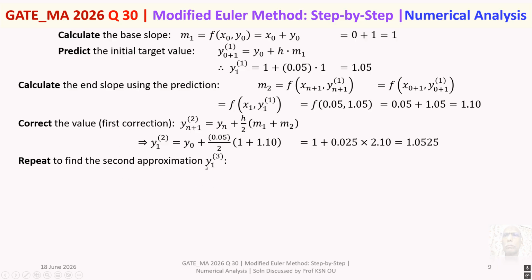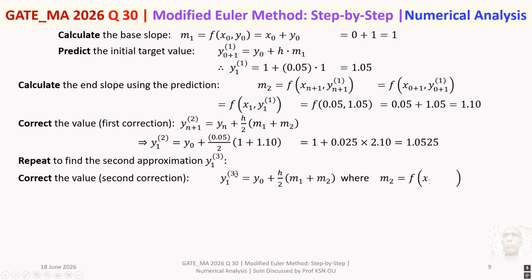Now repeat. For this, the repetition is done. Second approximation, still n is 0 only, y1 superscript 3, and now we make the second correction. y1 superscript 3 is equal to y0 plus h by 2 into the bracket m1 plus m2. What is m2? m2 is the slope with the latest y1 superscript 2.